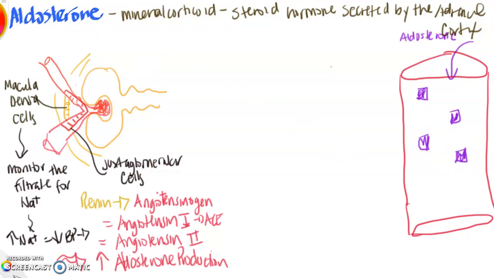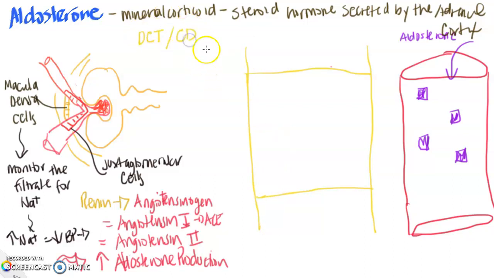This is a hormone, so it's going to affect either the distal convoluted tubule or the collecting duct. Okay, so there are cells within these tubules, within the collecting duct and the distal convoluted tubule.